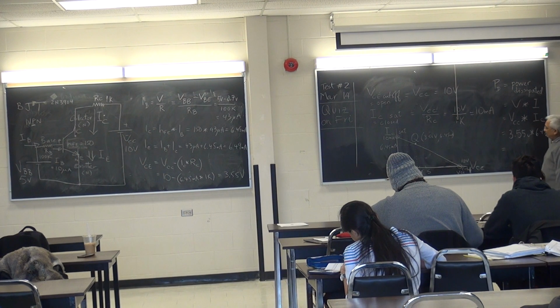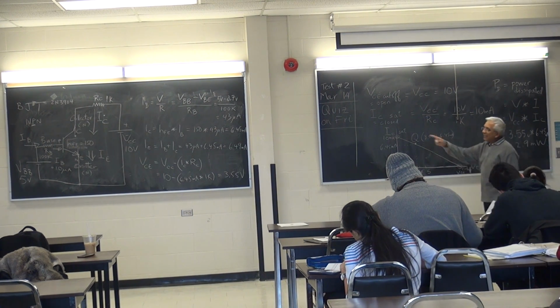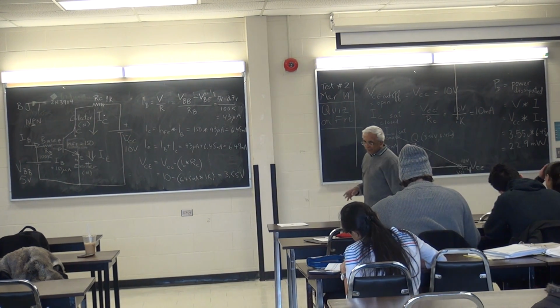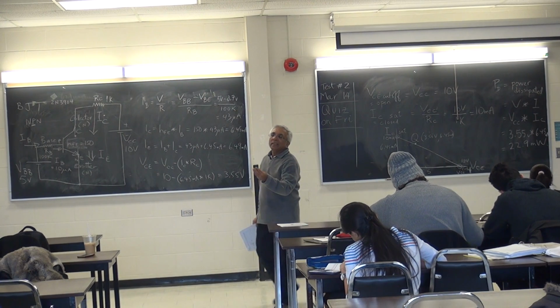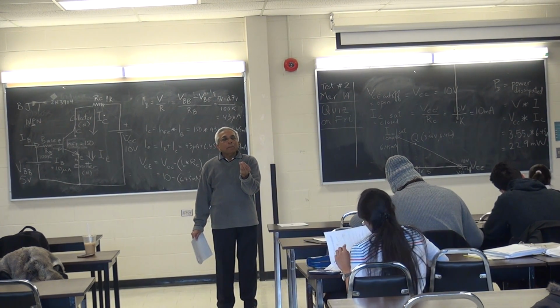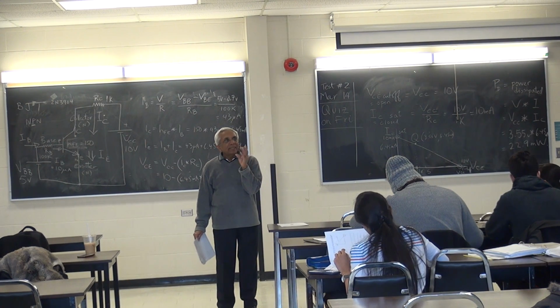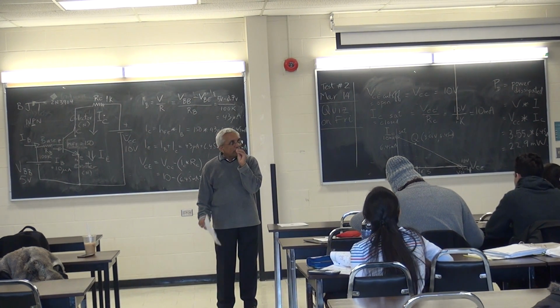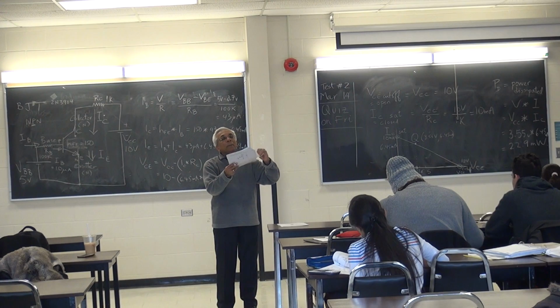What do you get? 22.9 milliwatts. So in this circuit, my transistor is dissipating about that much power. That's how hot the transistor is becoming.